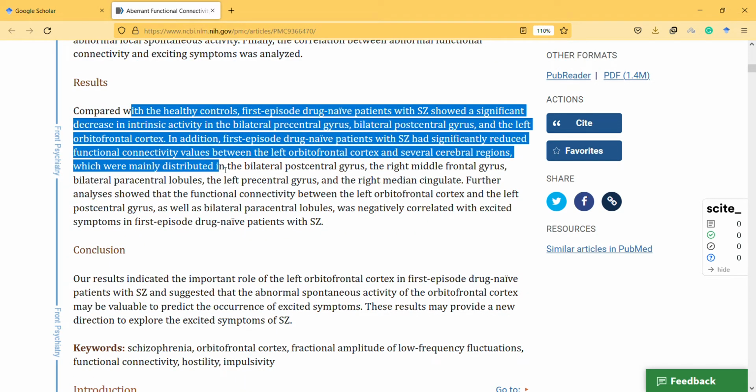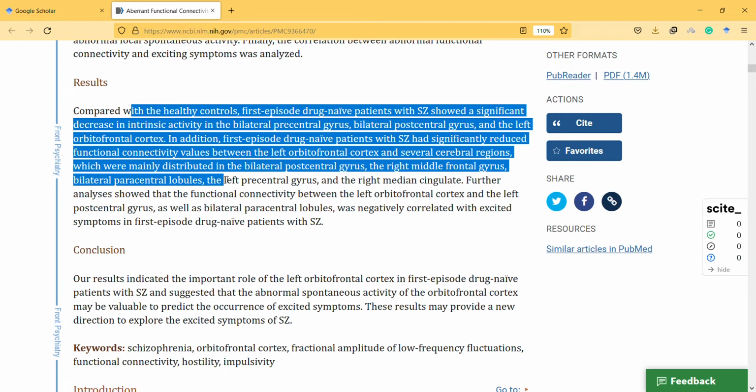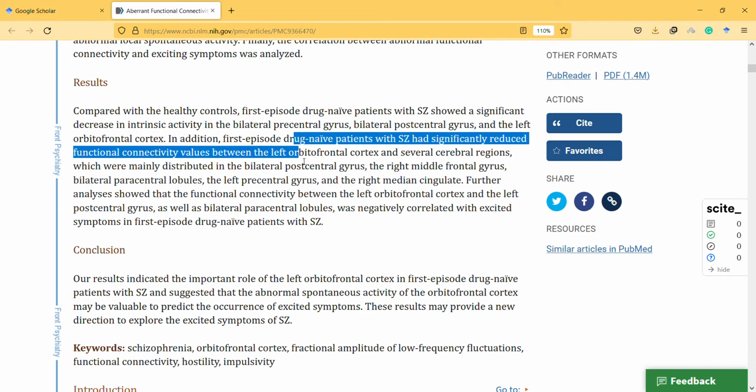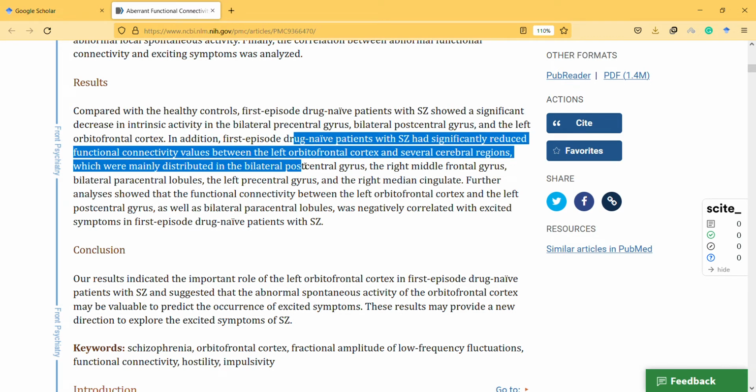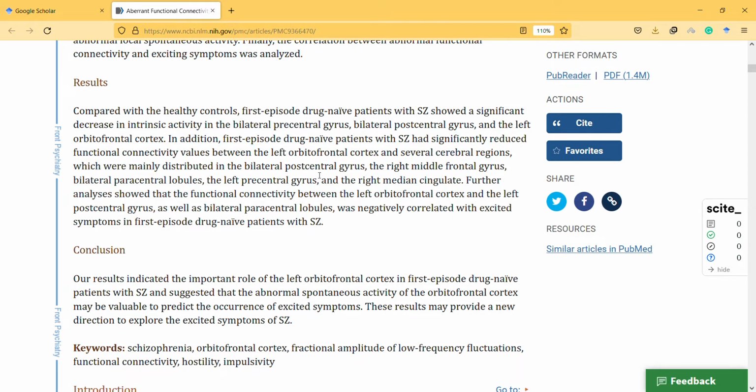Interesting. Compared with healthy controls, first episode drug naive patients with schizophrenia showed a significant decrease in intrinsic activity in those areas. In addition, they had significantly reduced functional connectivity values between the left orbitofrontal cortex and cerebral regions, which were mainly distributed in the bilateral postcentral gyrus and other parts.